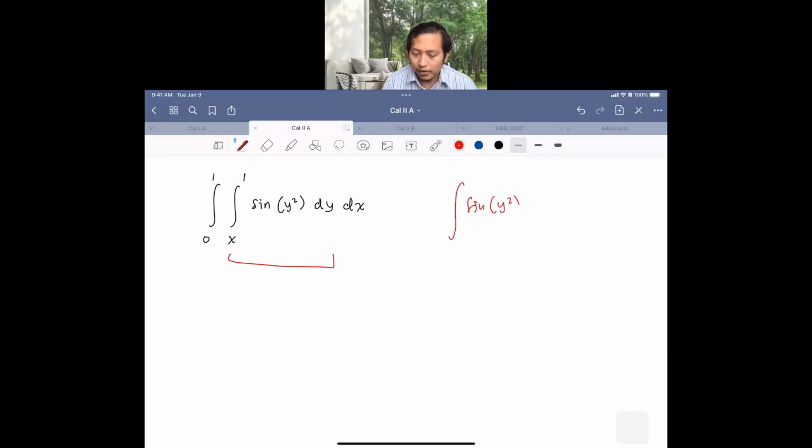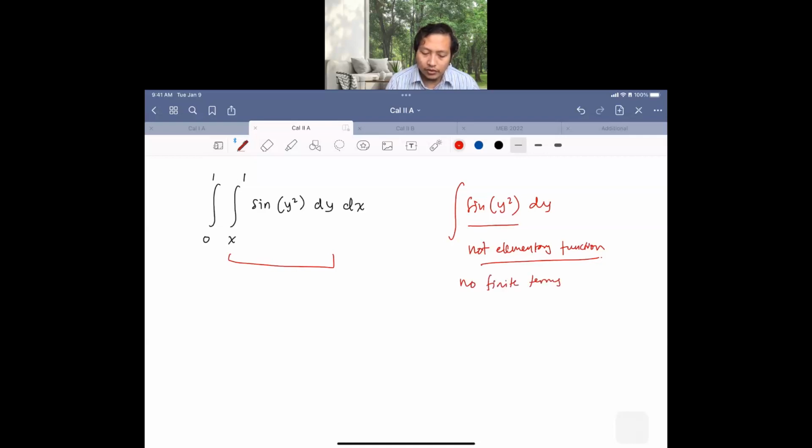Sine y squared dy. What can we do? Can we integrate this? The sine y squared is not an elementary function, which means that we are not going to have finite terms.